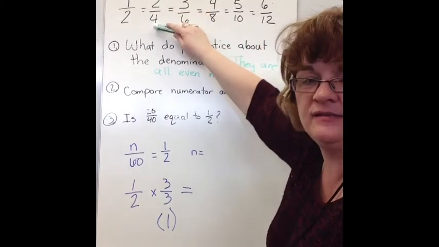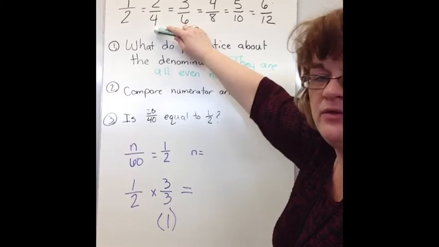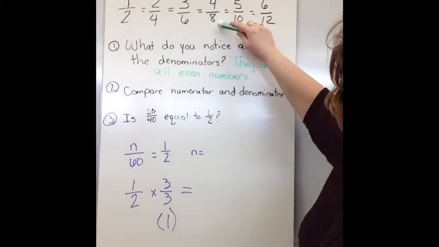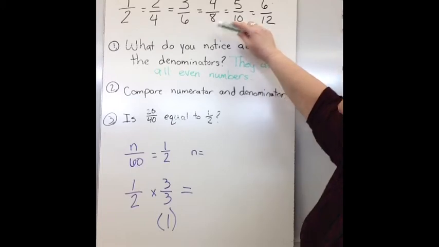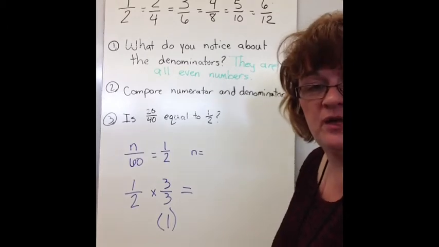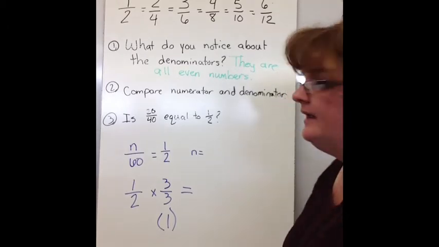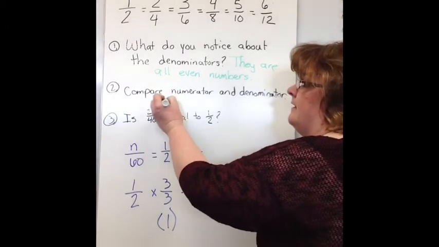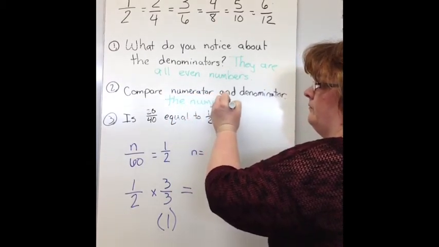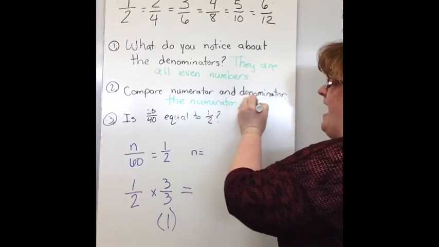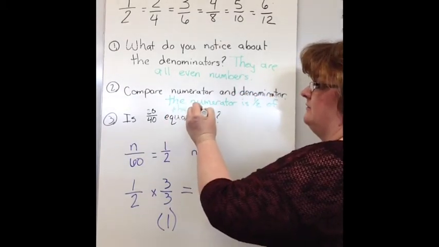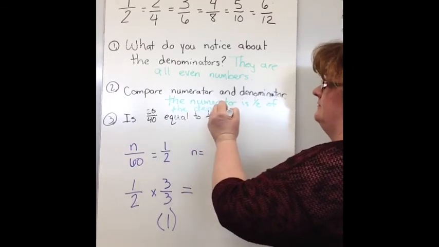Compare this to this. What do you notice about those two numbers? Compare this to this. Compare this to this. If you said that the numerator is half of the denominator, then you got it right.